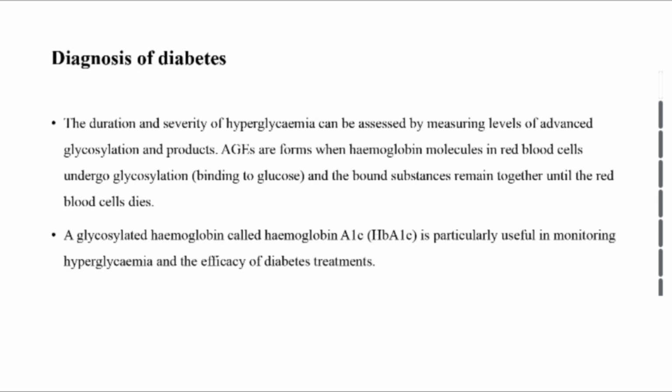A glycosylated hemoglobin called hemoglobin A1C is particularly useful in monitoring hyperglycemia and the efficacy of diabetes treatments.